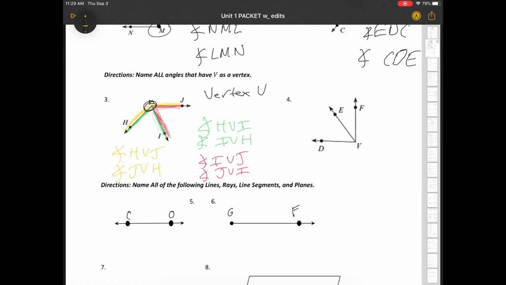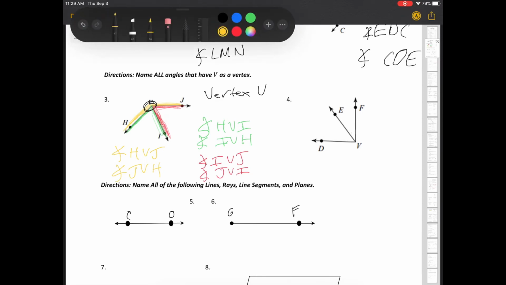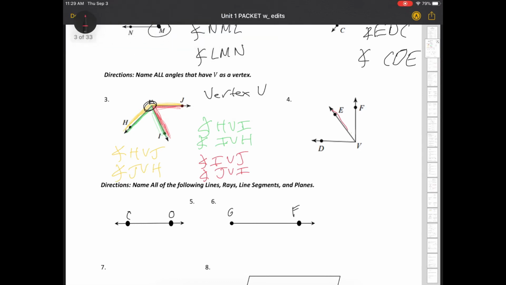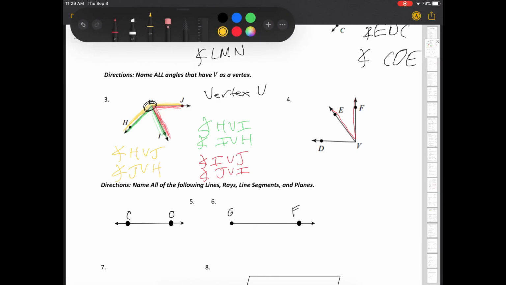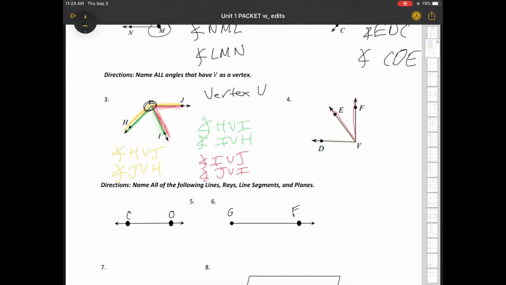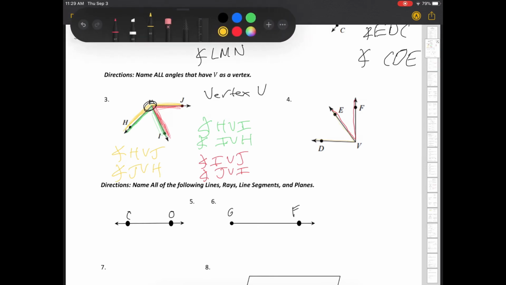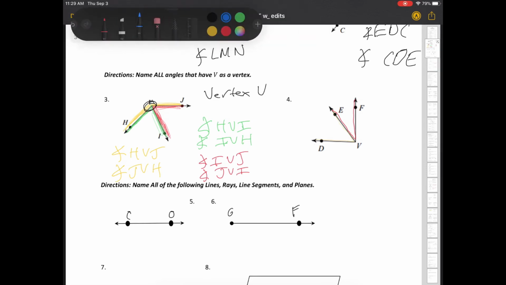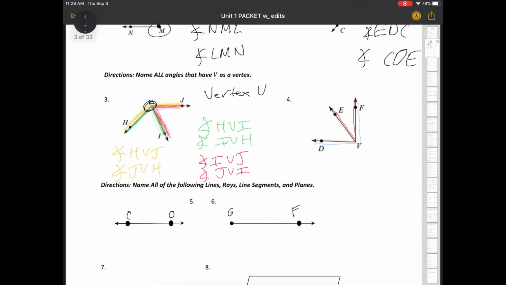We have the same type of problem here. Apply the same concept. This is where it would help to have multiple colors to label this just like I did. So we have an angle here. We have another angle here. Then we have the entire angle.